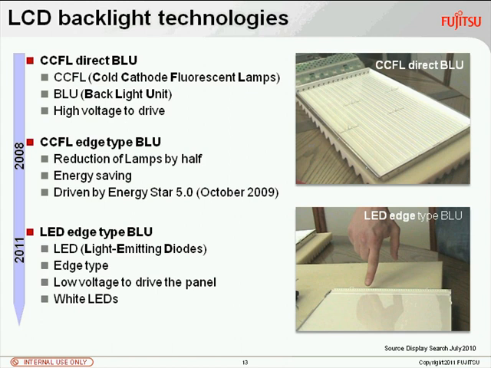1.5 years ago, in October 2009, a new Energy Star was released, and this new Energy Star roughly cut the energy limit to half. So it was not possible anymore to meet this Energy Star with this kind of technology. So what did industry do?